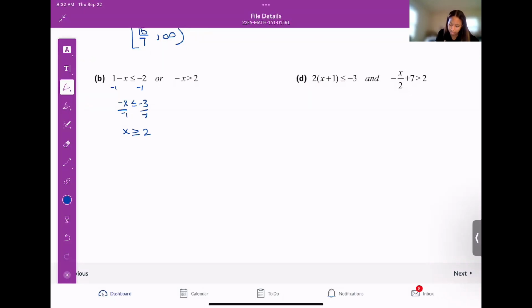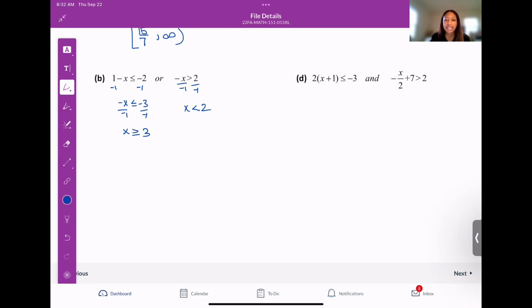Oh, yes, sorry, -3 divided by -1 is 3. That's what I messed up. So x is greater than or equal to 3. That's our first solution. And the other one tells us we just divide by a -1. X would have to be less than -2.